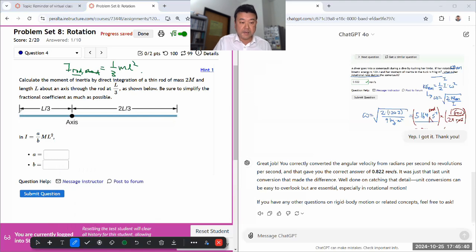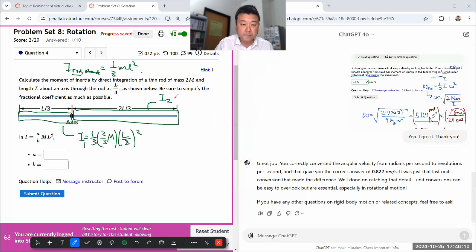So I can get the rotational inertia of this piece. It'll be I equal to 1/3 the mass of that piece, which, the whole thing being 2m, this being 1/3 of it, must be 2/3 m, and the length of the piece is L/3, squared. This is I1.